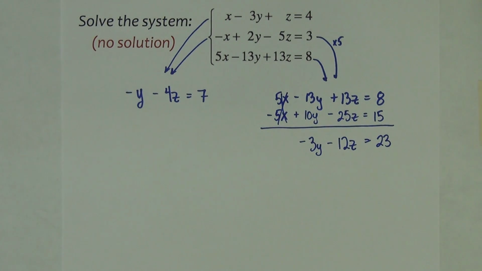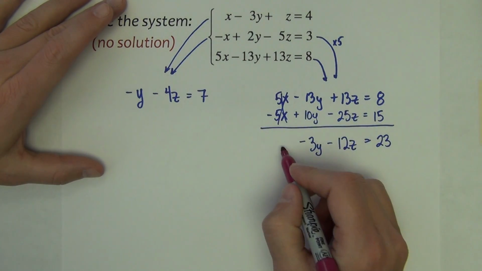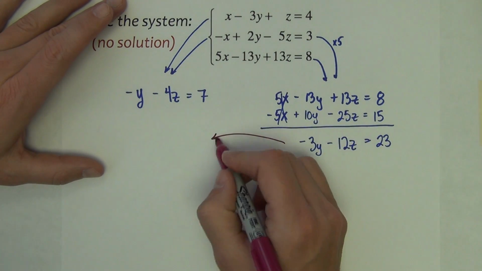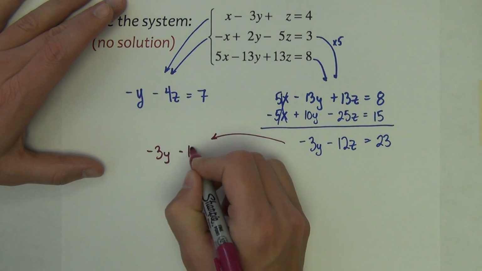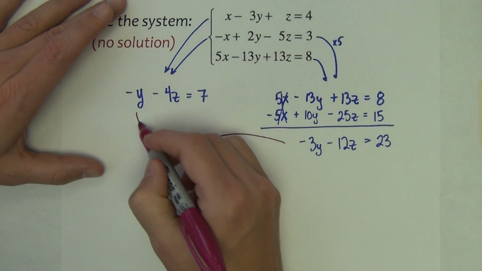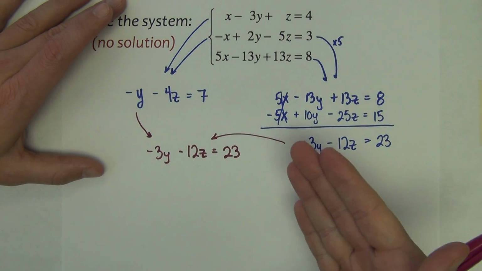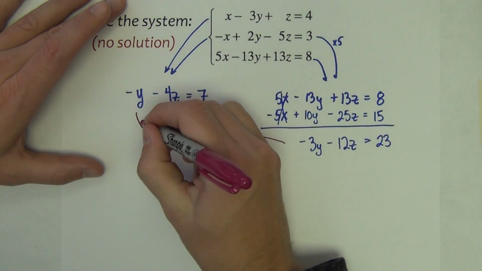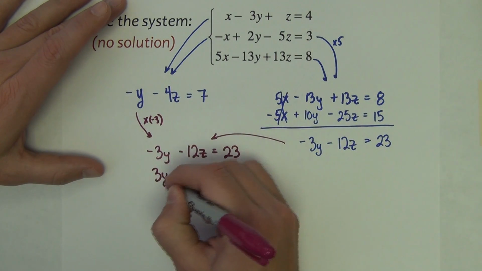Okay, so now I'm going to pull these two equations together. I'll pull this equation, so it is negative 3y minus 12z equals 23. I'm going to pull this one down here too. I'm thinking cancel the y's or cancel the z's. Well, in this case, I take it times negative 3 to make it become positive 3y.